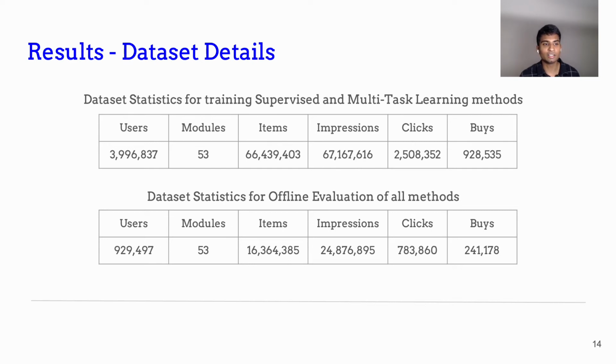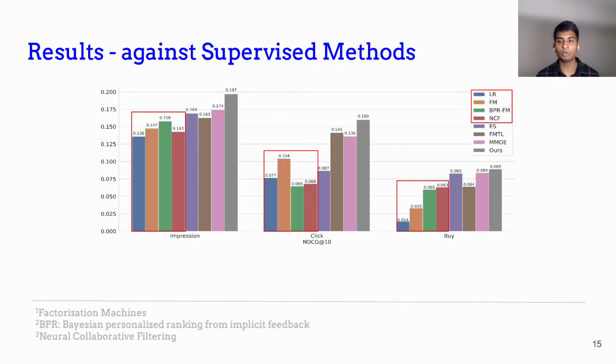The current slide shows the dataset statistics for the training and offline evaluation dataset. Normalized discounted cumulative gain (NDCG) and mean average precision (MAP) are widely used ranking metrics in information retrieval systems. Hence, we use NDCG and MAP as recommendation evaluation metrics.